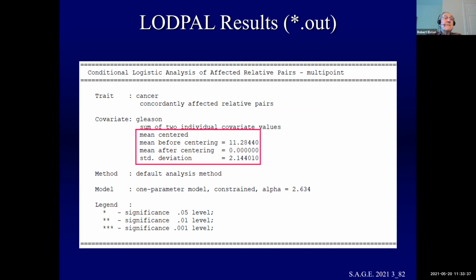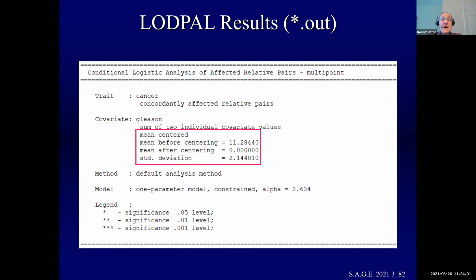It's really the same as the mean. The sum and the mean. It's not going to make any difference to the p-value you get. It's just going to make a difference to what you get as a covariate. And we're going to use the 1 parameter model constraint alpha equals 2.634. This is the parameter alpha.